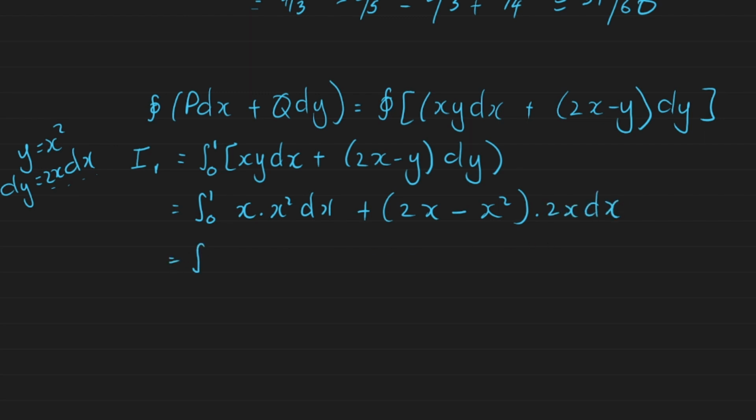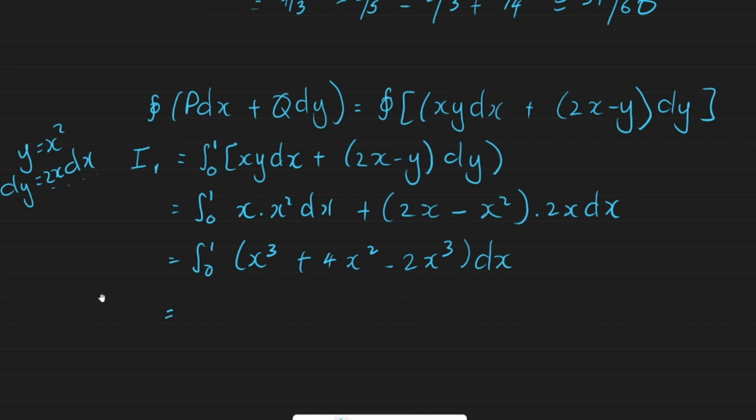Simplifying all of this, we get the integral from 0 to 1 of x cubed. Multiplying this out, we get plus 4x squared minus 2x cubed dx.